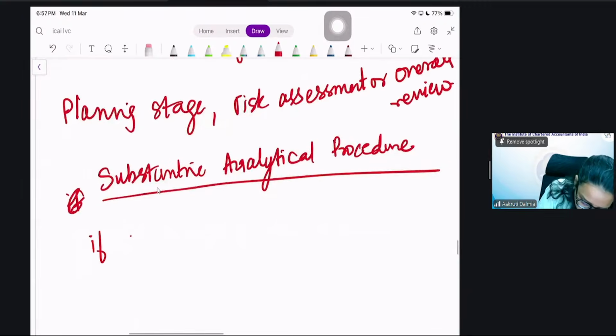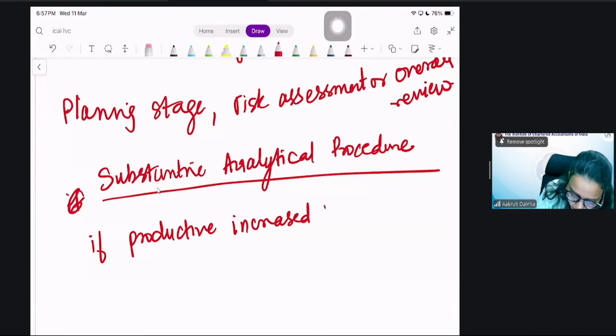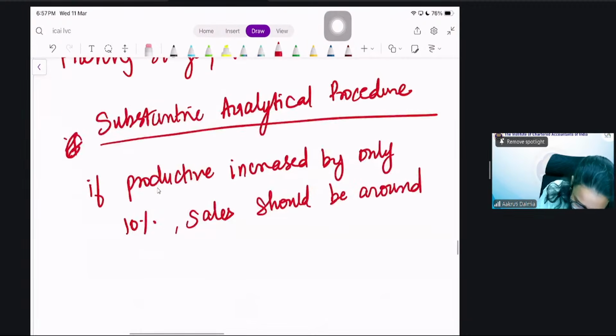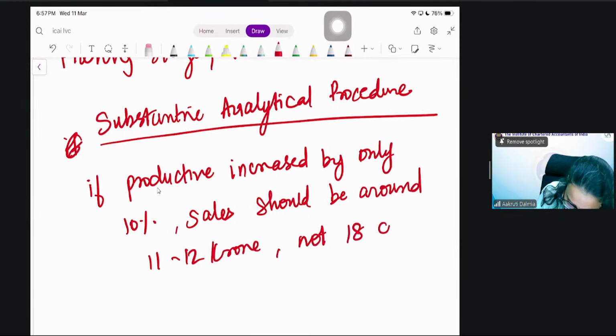If production increased by only 10%, sales should be around 11 to 12 crores only, not 18 crores.